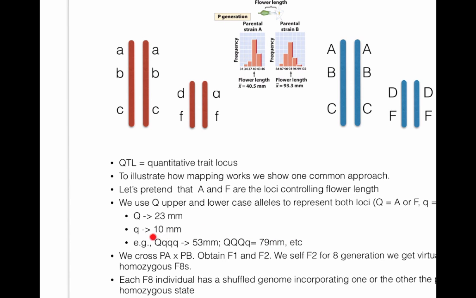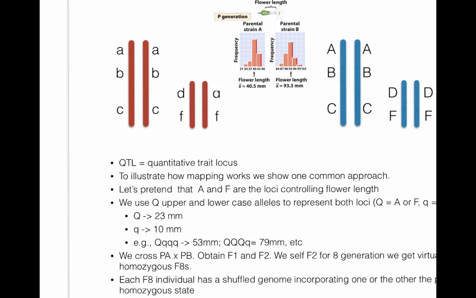Just to clarify what I mean here, 1 big Q and 3 little q's is, for example, big A, little b, little b, and this could be big A, big B, little b. We have obtained F1 and F2, and now let's take those F2 and self them. Let's take just one plant from each selfed family and continue.